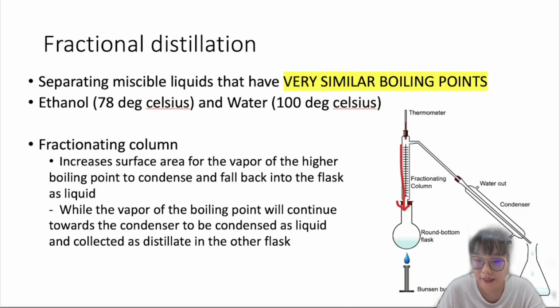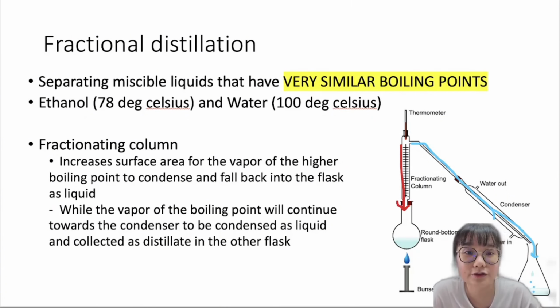So instead, it will pass into the condenser, move through it, and condense into liquid before dropping down into the distillation flask like this. In this way, we are able to separate out the two liquids even if they have very similar boiling points.